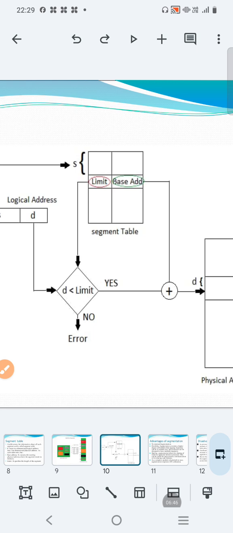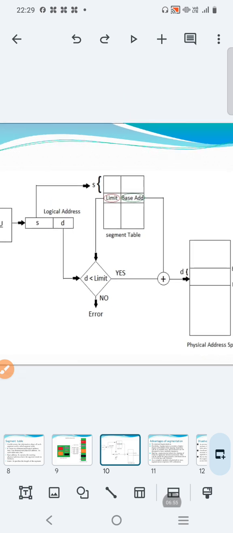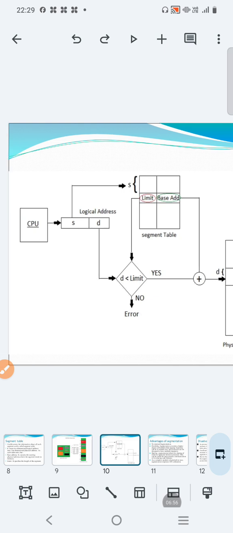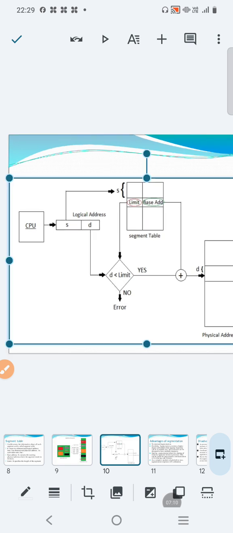After that we have to find the base address in the main memory locations. To execute an instruction, we convert the logical address into a physical address, and for that we use the memory management unit, MMU.